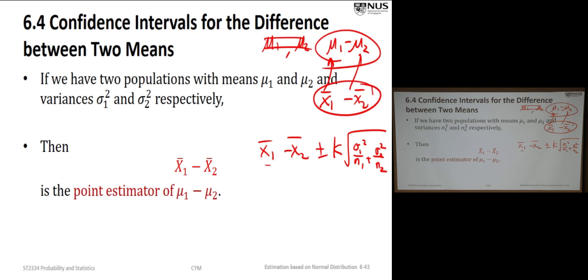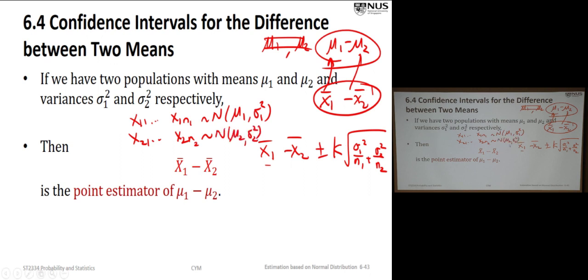Then, if x11 up to x1n1 follow normal with mu1, sigma 1 square, and x21 up to x2n2 follow normal with mu2, sigma 2 square, with n1 and n2 not needing to be the same sample size, then this constant will be z alpha over 2.